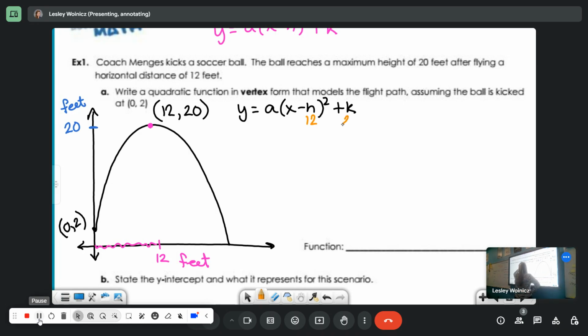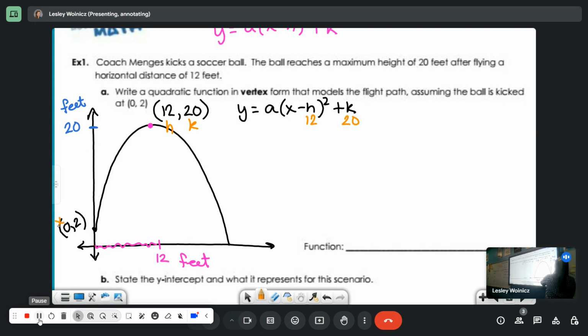20. Okay, do we have another x and y value that we can plug in? Yeah, what are they? No, we already have the h and k. This is the h, this is the k. This is just another point on the parabola, right?